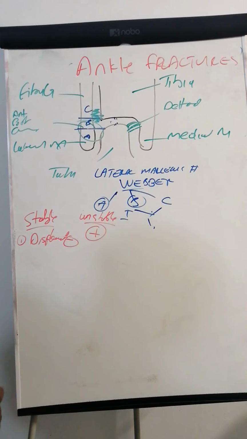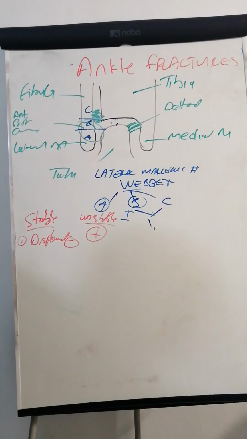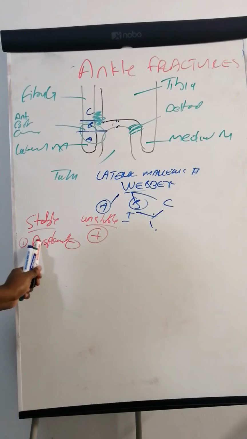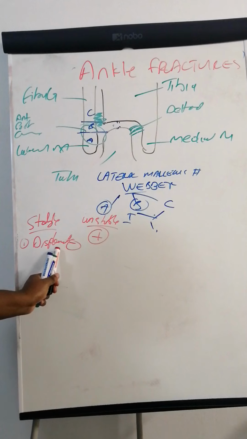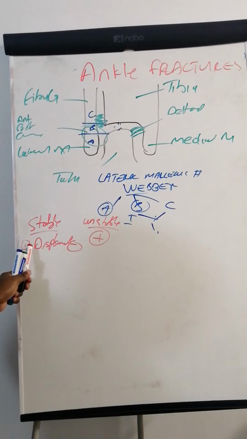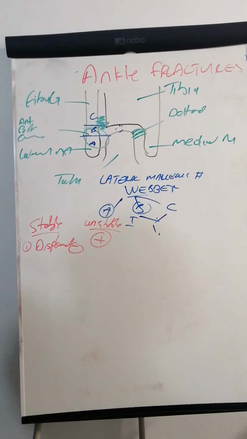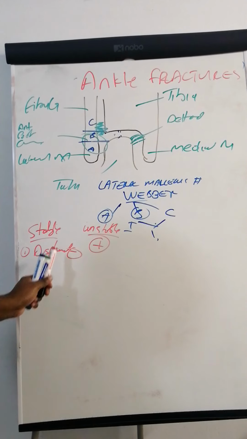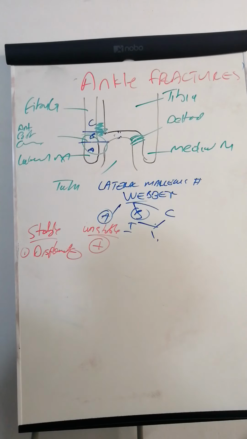It's enough to refer a patient for ortho consult just because they've got a displaced fracture, whether it's medial malleolus or lateral malleolus. The fact that it's displaced is enough to send, because it's an unstable fracture.